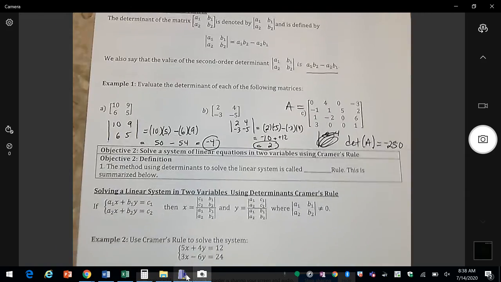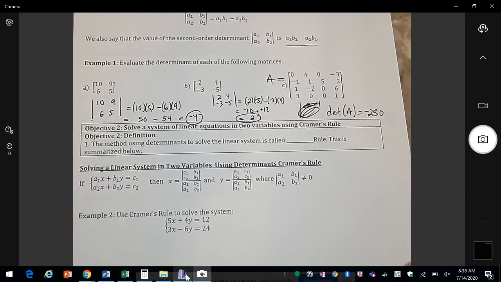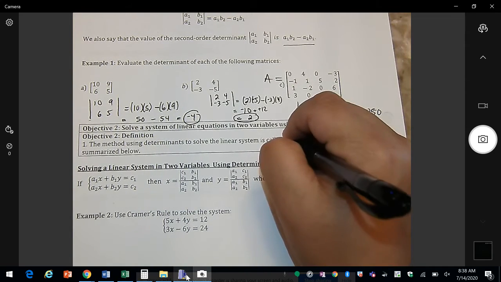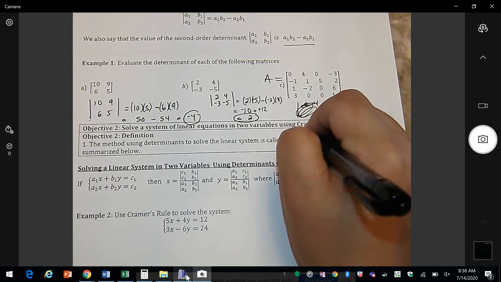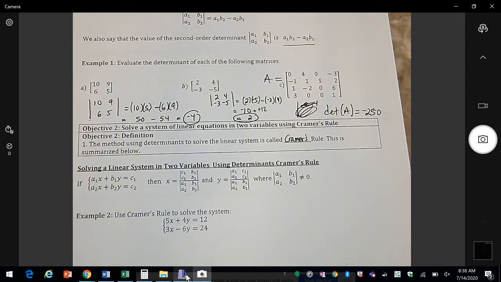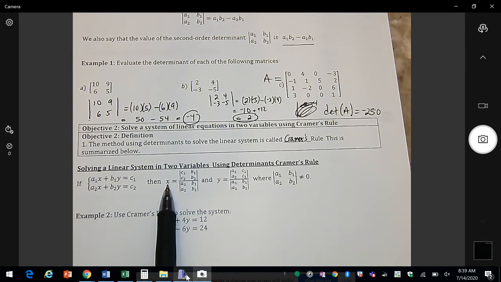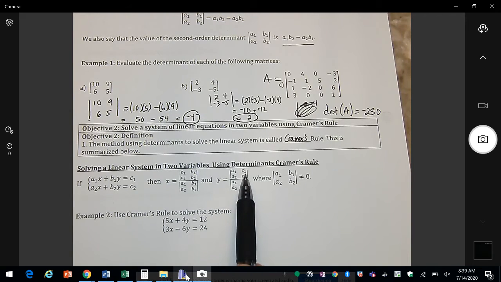Okay, so how do we solve a system? The method using determinants to solve a linear system is called Cramer's rule. Basically, the rule looks something like this. We have a system, and x is going to be equal to this, and y is equal to this.